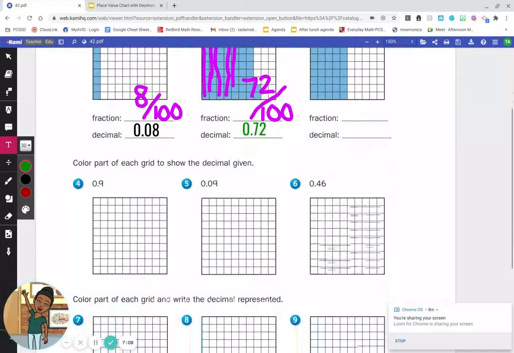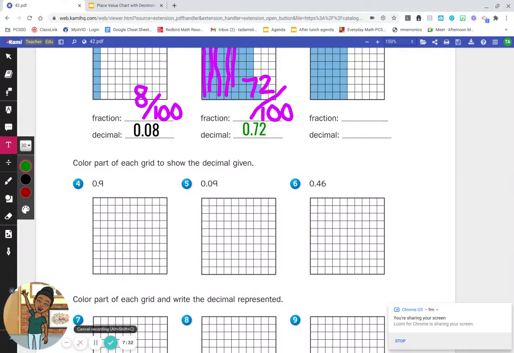Let's keep moving. The second part of this assignment, we are going to color part of each grid to show the decimal given. The first example is 0.9. How can we read this 0.9?